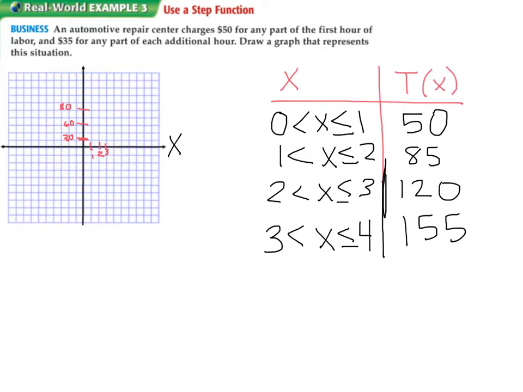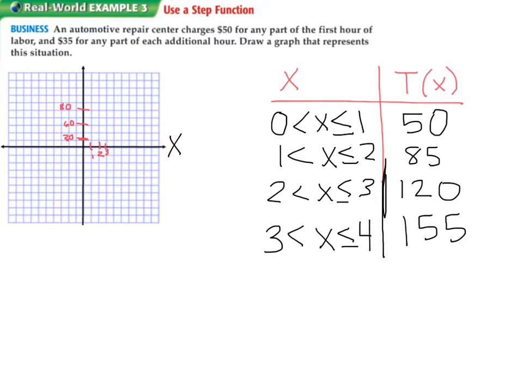So if we go ahead and take a look at this, we have between 0 and 1, and we're going to need to graph this, and it's a flat rate of 50. So how we're going to write this, we're going to go all the way up to 50 on our y-axis, and we're going to stay between 0 and 1 on the x-axis. Now I made the y values count by 20s.